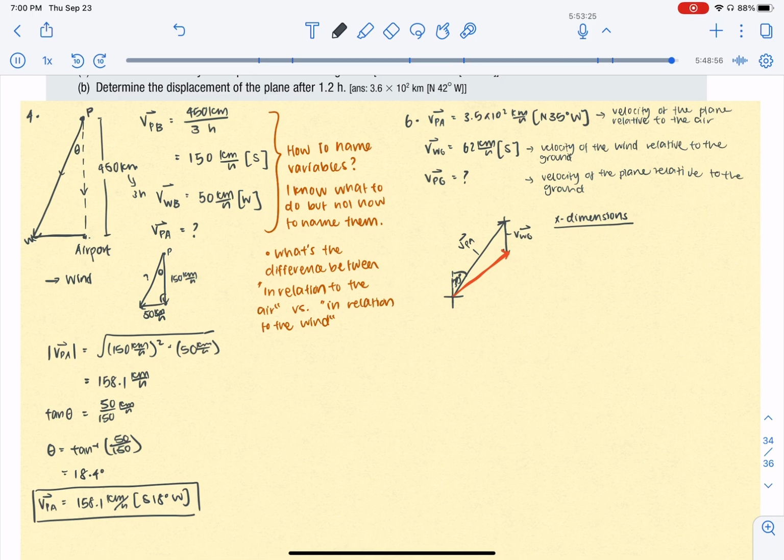If you draw your arrows out of proportion, you'll get a weird looking answer, because based on this, the answer should be northeast. If you draw that wind too long, it's going to look like it's going northwest.